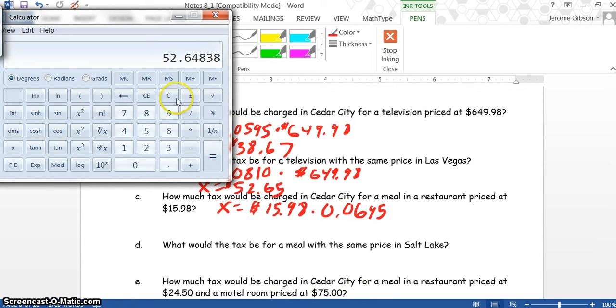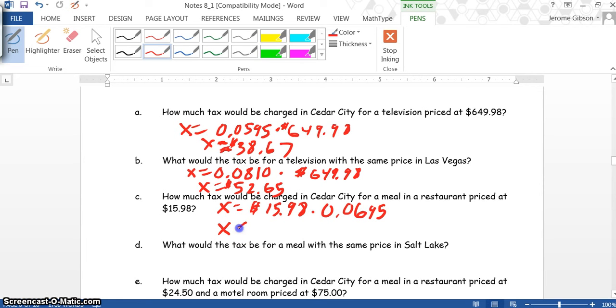Now we would take our calculator, and we have $15.98 times 0.0695, which gives us approximately $1.11. So we'll take X, do our approximation symbol, and it'll be $1.11.